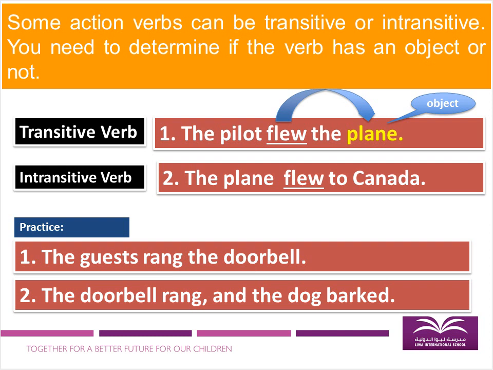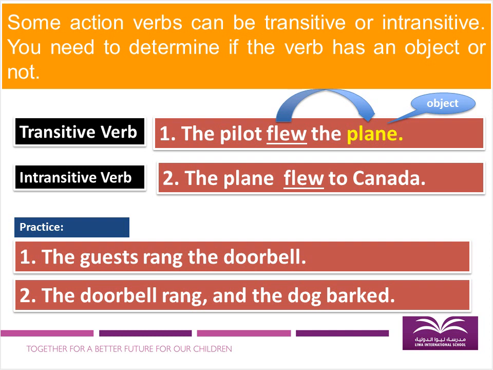Number 2. I also use here flew. However, let's check. Why did I put here intransitive verb this time? The plane flew to Canada. What is our verb here? Flew. However, this is an intransitive verb. Why? Let's ask the questions what and who. The plane flew what? Can we get the answer of the question what here?